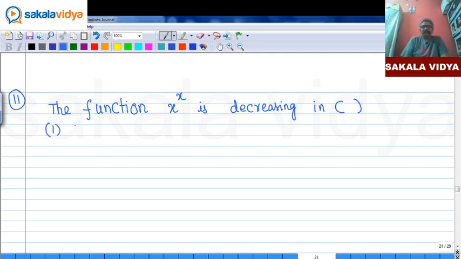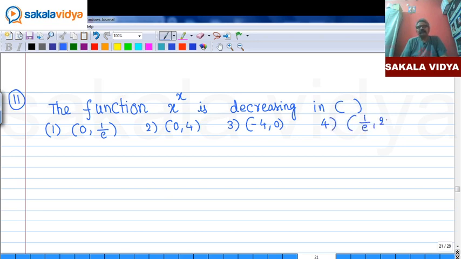First option is 0 comma 1 by e, second option 0 comma 4, third option minus 4 comma 0, fourth option is 1 by e comma 2e. See, the function x to the power of x is decreasing in which interval?